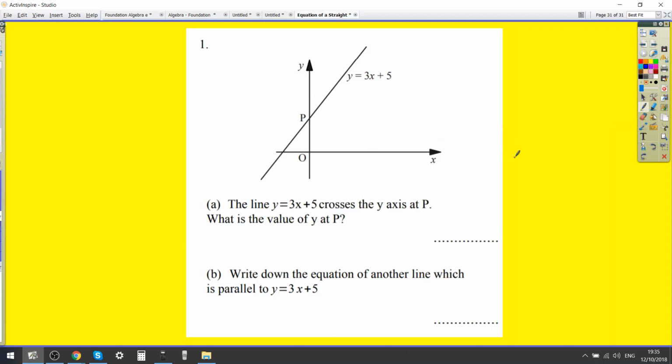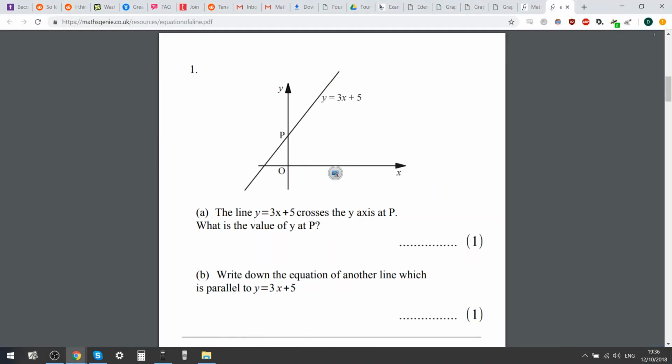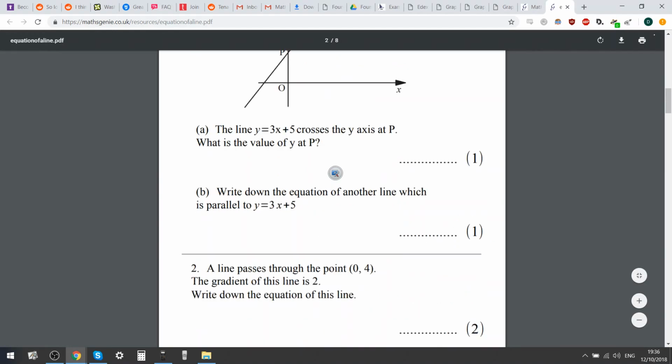So it's 5. Yeah, and you can see just by looking at the equation, c is 5. Okay, and B? That should be like y equals 3x plus 6 or something. Yep, y equals 3x plus anything, including 0. Include minus, include anything.